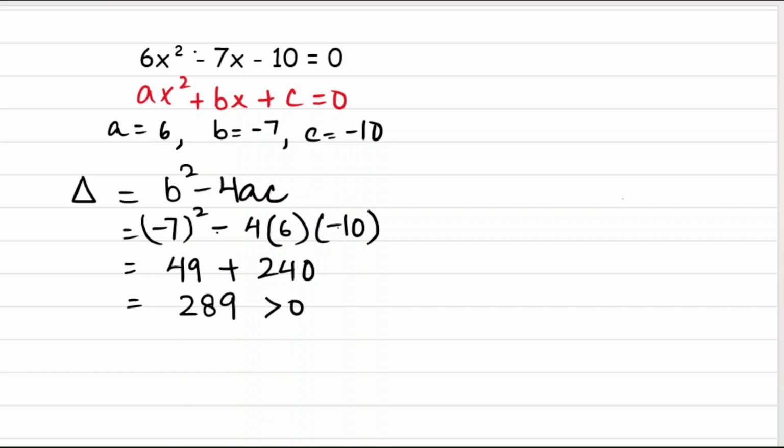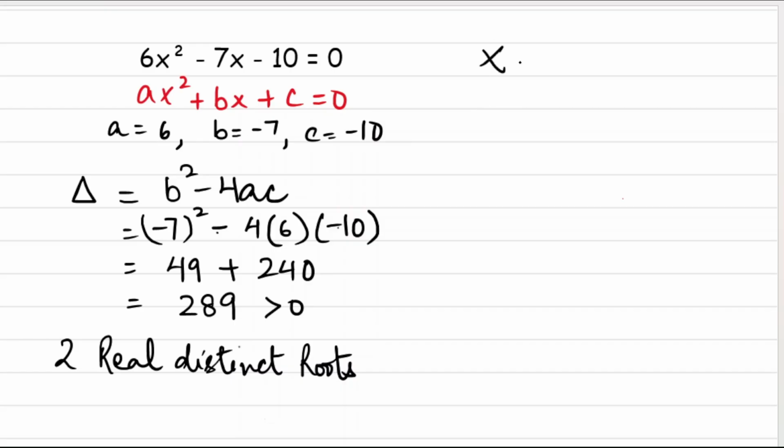Yes. So this quadratic equation again will have two real distinct or different roots or solutions, and those solutions or roots are given by the quadratic formula x equals minus b plus minus square root of delta divided by 2a. So x equals minus minus, what was b? It was minus 7.